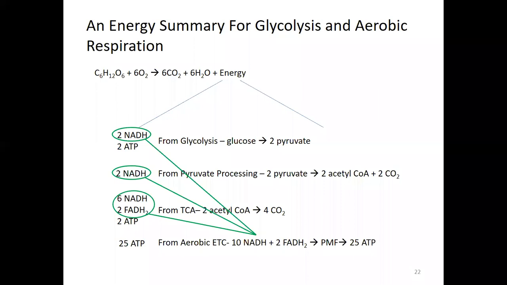Then, assuming we're respiring, we take all of those NADH and FADH2 and convert them into 25 more ATP from the aerobic electron transport chain. For a net total gain from a single glucose, you're going to get 29 ATP molecules out in your mitochondria. All right, that's it for respiration and fermentation.